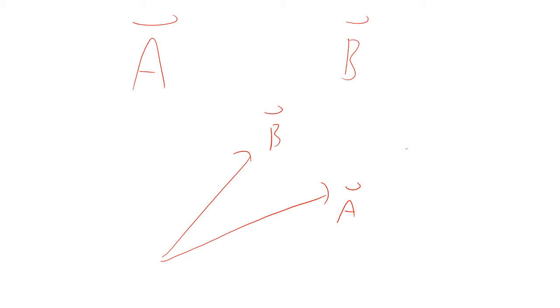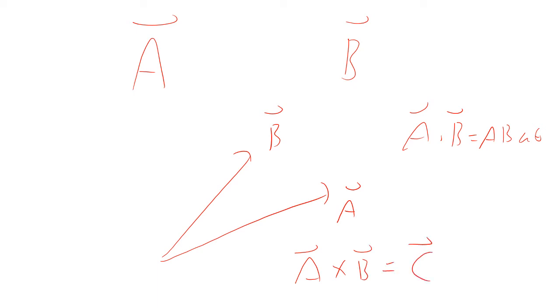Now, we know that A dot B is going to be A times B times cosine theta. But there's another vector out there, A cross B, that gives you another vector. And the other vector is perpendicular to both of those vectors.